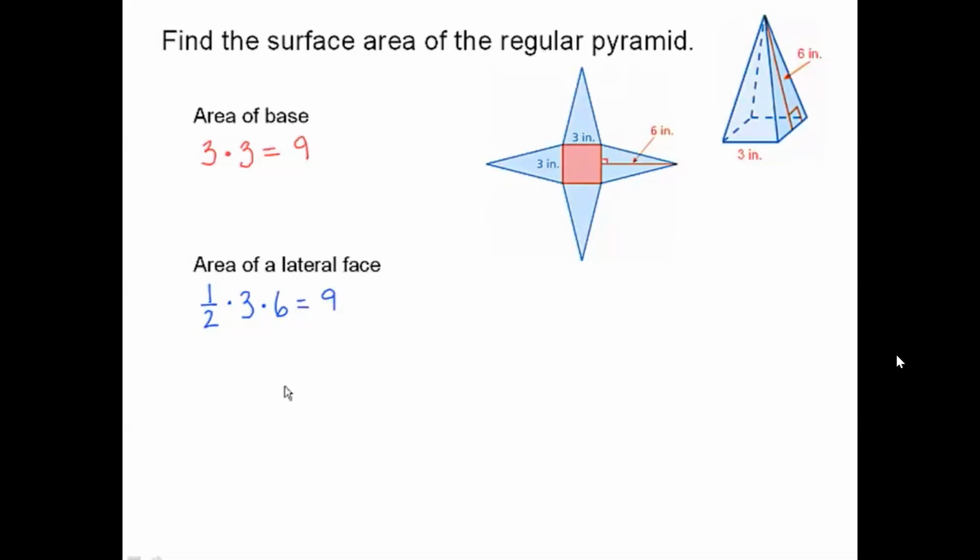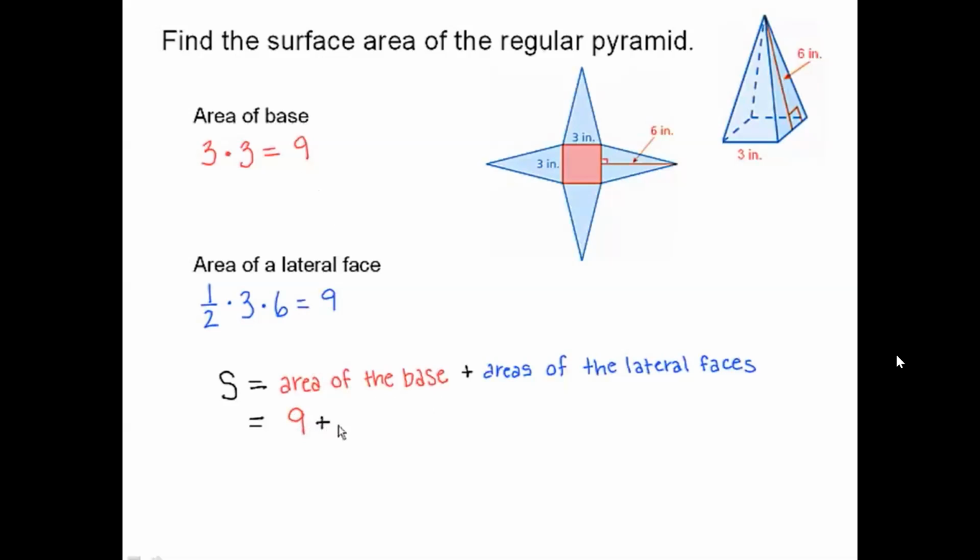Now this is all we need to find the surface area, S, of a regular pyramid. Because the surface area S is equal to the area of the base plus the areas of the lateral faces. So let's go ahead and substitute in what we know. We found the area of the base is 9.